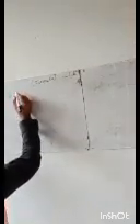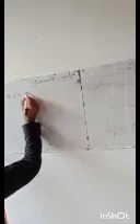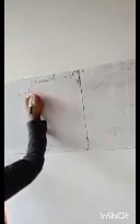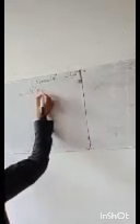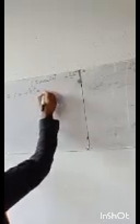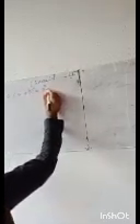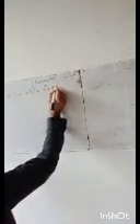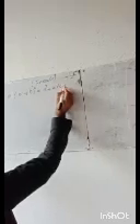First formula: a plus b whole square is equal to a square plus 2ab plus b square.